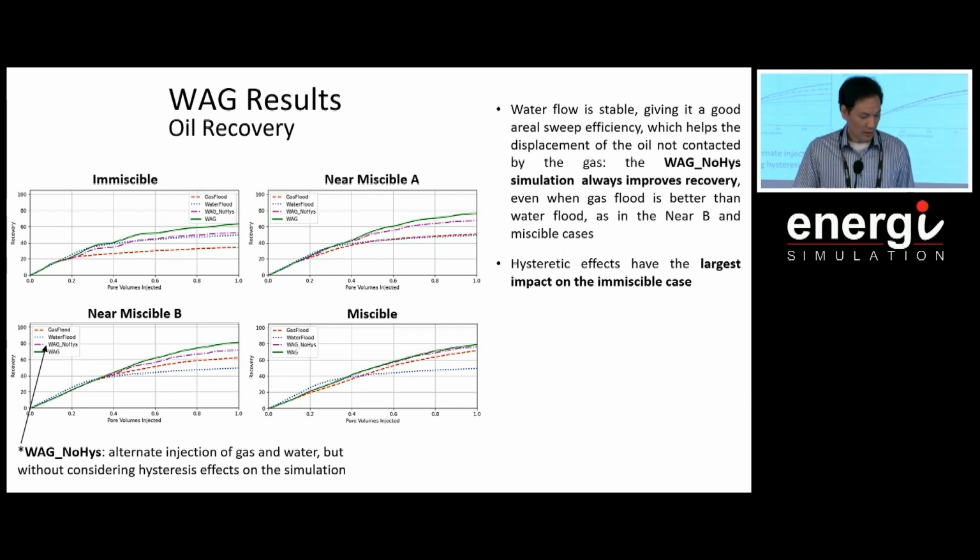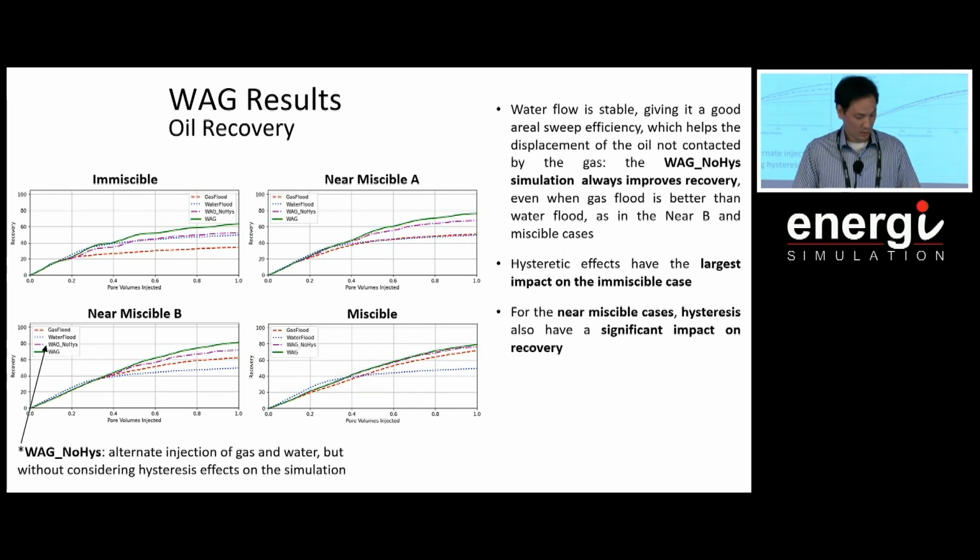And of course, the largest impact of the WAG simulations occurs for the immiscible, where you have the worst initial recovery, and also you have more gas in the system in the immiscible case, which is mainly how the hysteresis model will activate. But for the near miscible cases, you also have a significant impact on recovery.